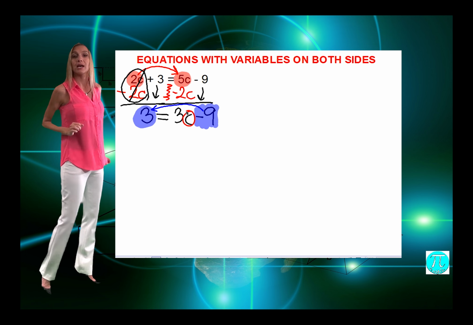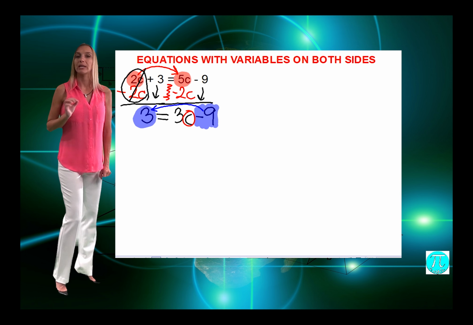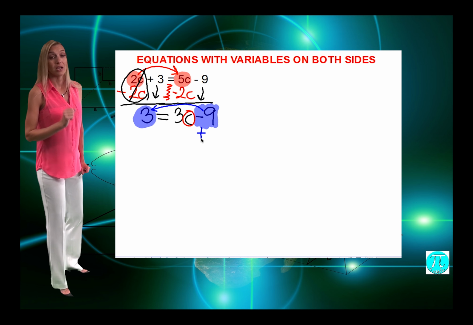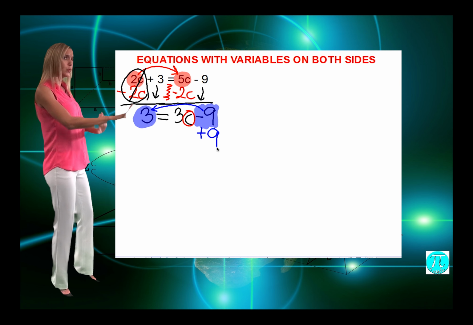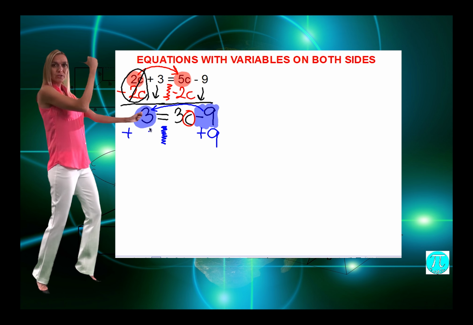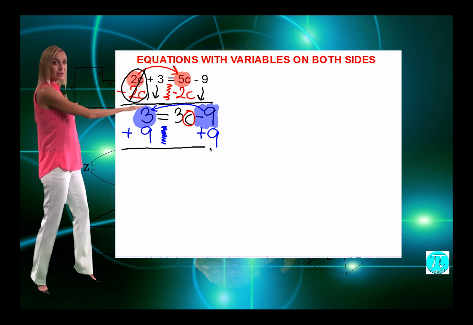Minus 9 wants to become a 0. The only way to make a minus 9 a 0 is to add 9 to it, right? We basically always do the opposite of what we see the second we're switching sides. So we're going to add 9 to both sides.